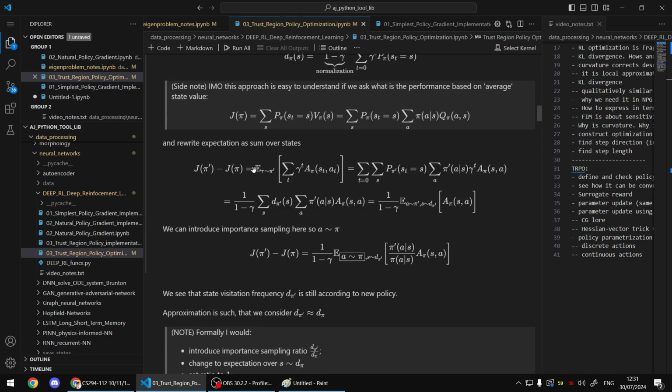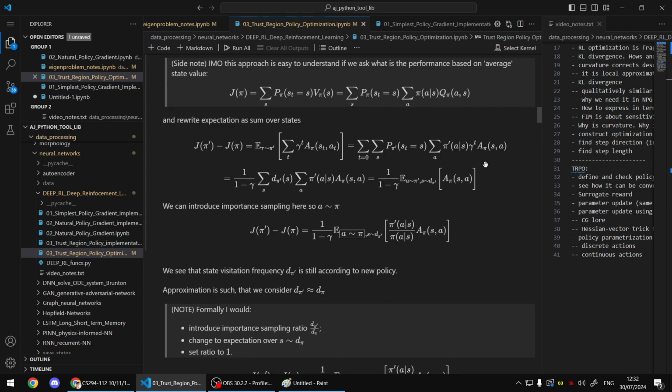But yes, they rewrite the expectation over this probability, the visitation frequency over pi. Again, our definition used the new policy pi prime, and we also compute the expectation over actions of our discounted advantage.